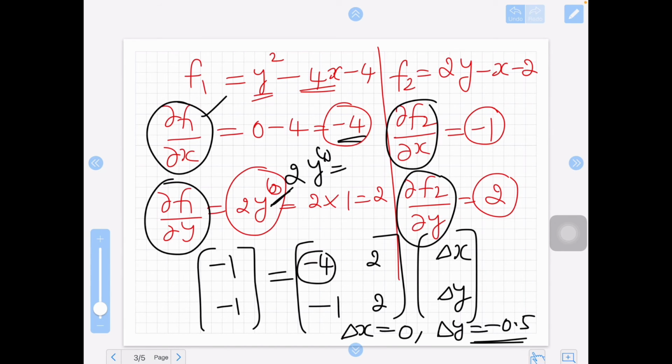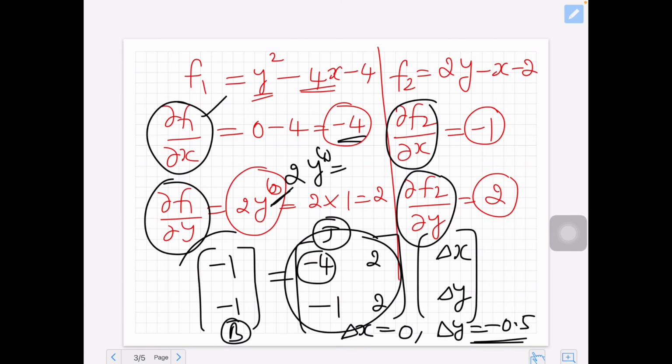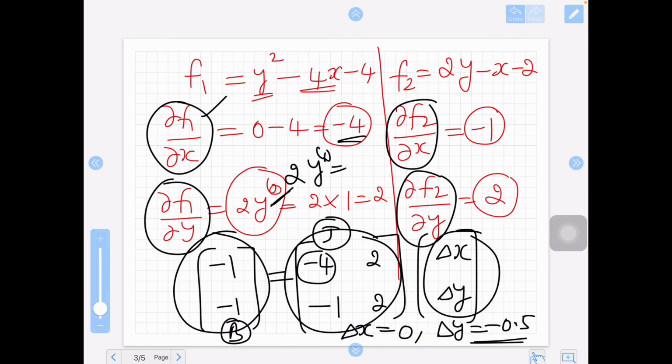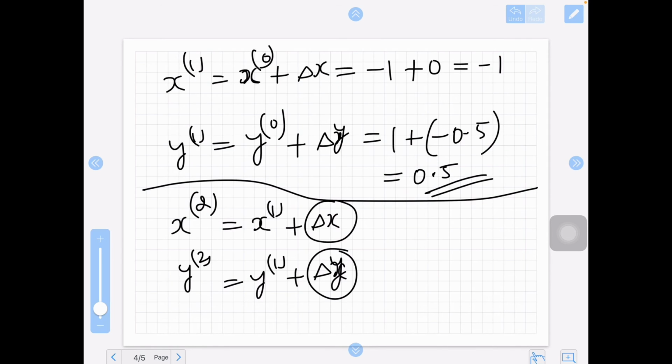Adopt these changes and find the B and J matrix elements. Once you know the B and J matrix elements, you can easily find delta x and delta y. So x of 1 and y of 1 are known.